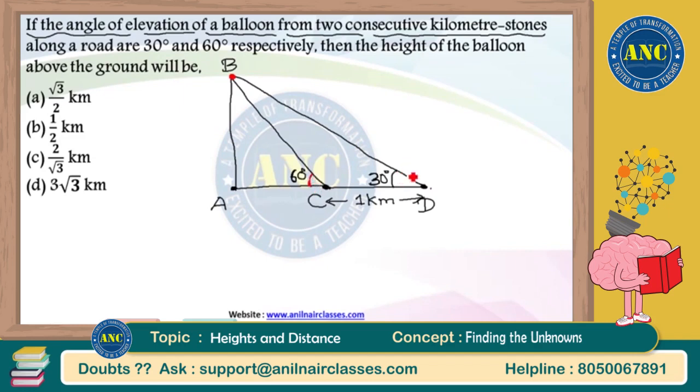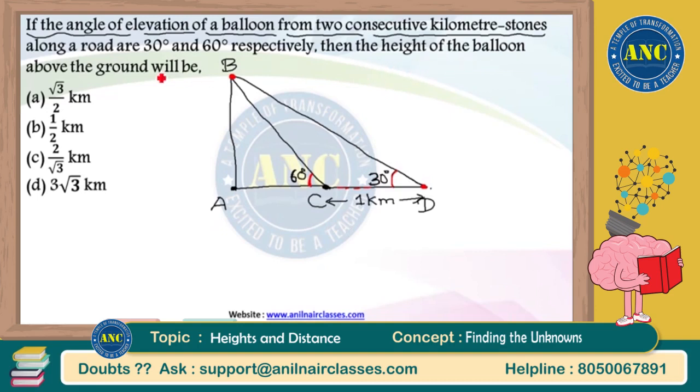Earlier, the object was at point B and there is a point D. Earlier it was making an angle of 30 degrees. As you move towards the object, coming towards this B right now, the angle of elevation will increase. So it cannot be 30 here and 60 here. It should be the way it is written right now. I believe that the idea is clear.